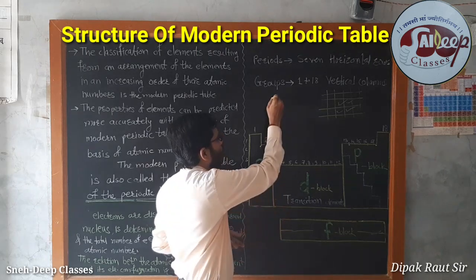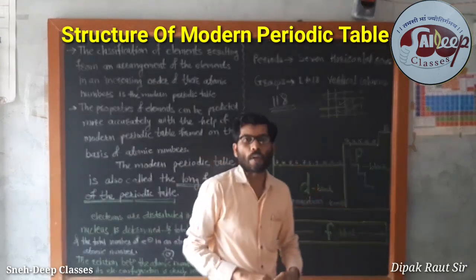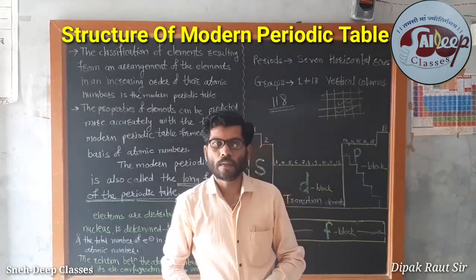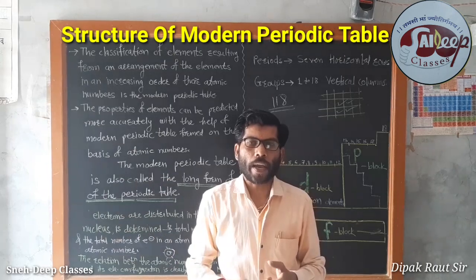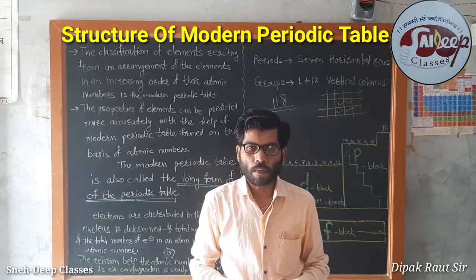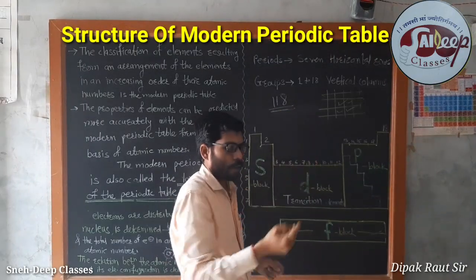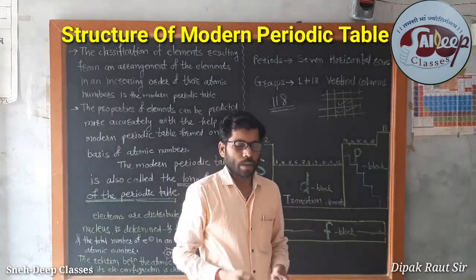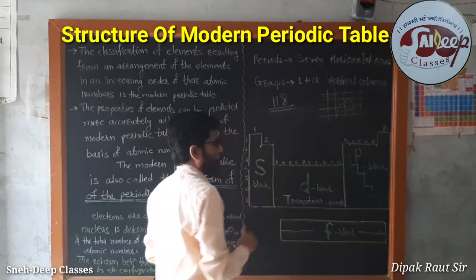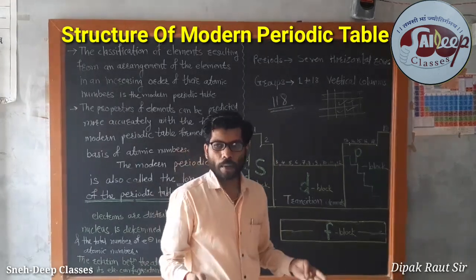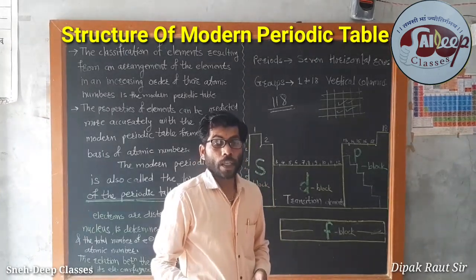In total, 118 boxes are found in the modern periodic table, formed by the groups and periods together. That means 118 elements, but some elements were not known earlier.